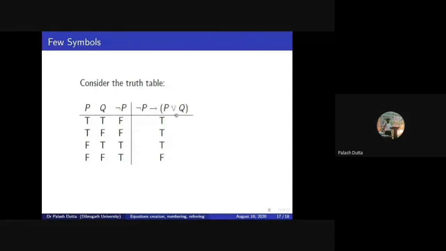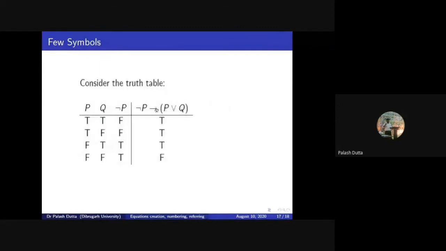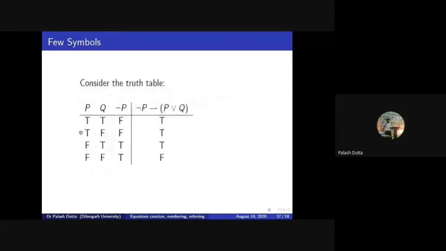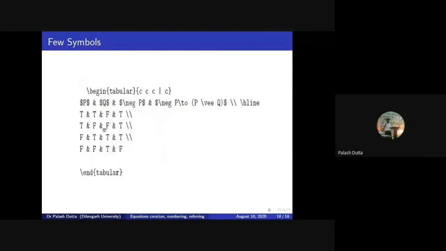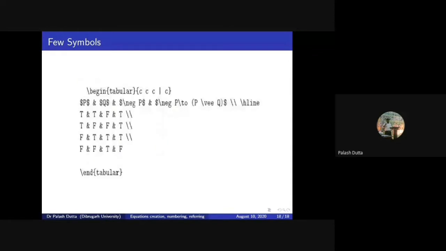So p, q, negation of p, and q, and negation of p implies p. Then after we fill in all this text, we will have this truth table. Okay, so now come to the practical part.